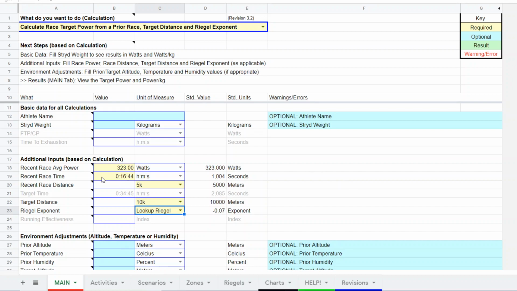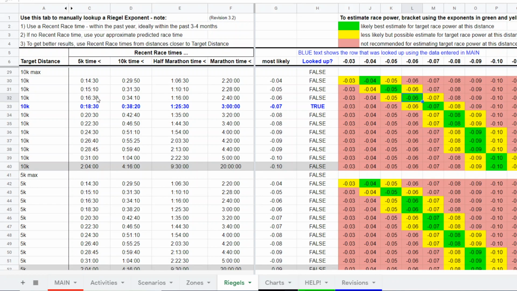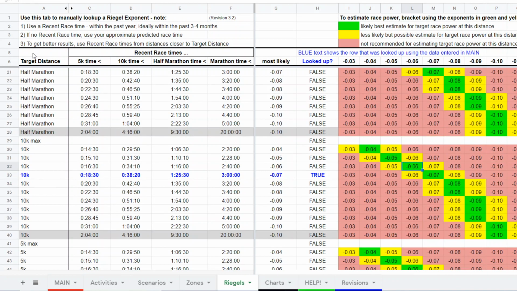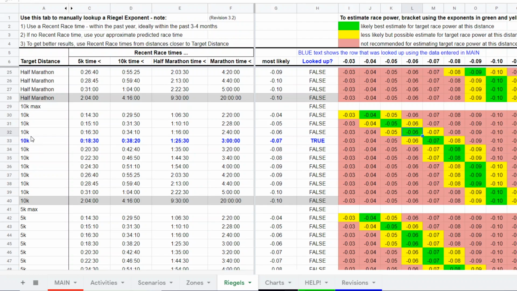We know that he ran a 5K in around 1644. We're looking up a 10K, so we're going to go to Riegel. We look up the target distance, 10K. He ran a 5K in close to 1630. So we're going to go over here, and it suggests that the best option would be minus 0.06.